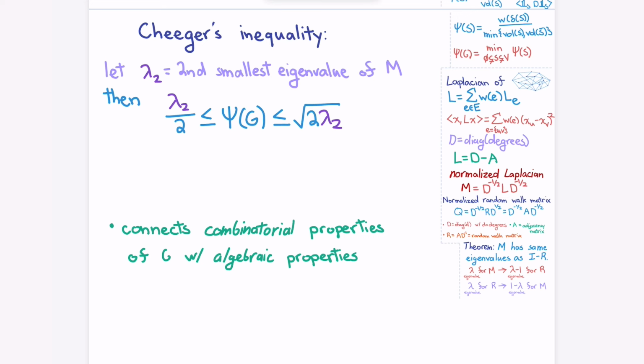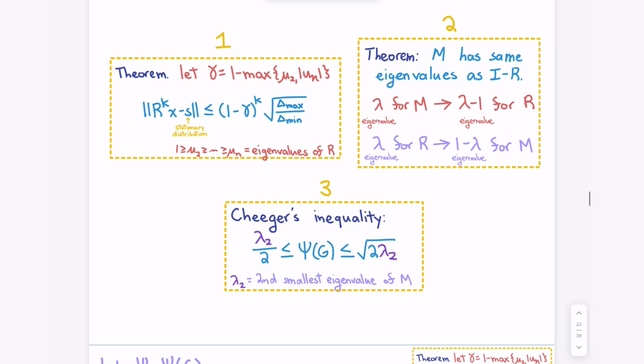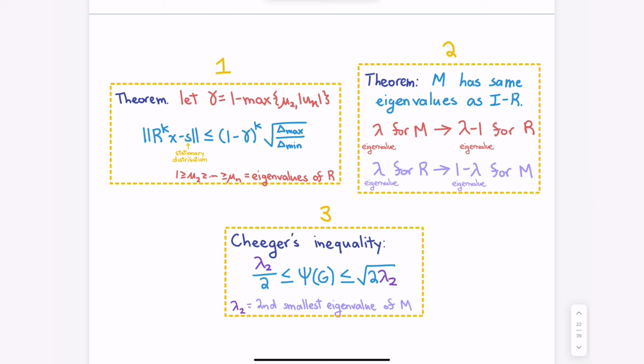We'll prove that, but the reason why this is interesting is that if I start combining these ideas, we know the graph mixes at some rate depending on the eigengap, the gap between eigenvalues. The eigenvalues for R or Q map to eigenvalues for M, and the eigenvalues for M are strongly related to the conductance of the graph.